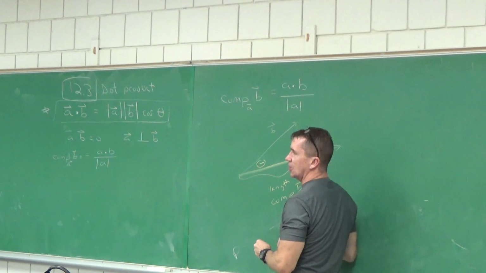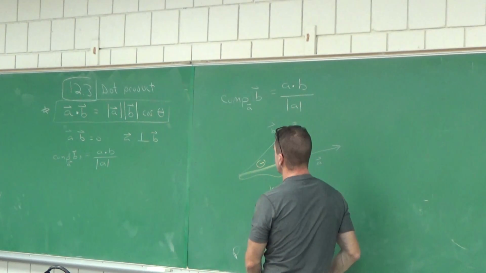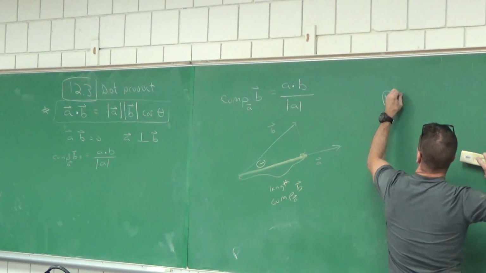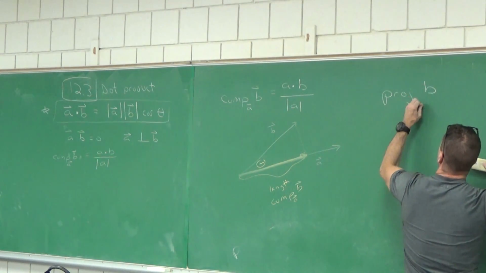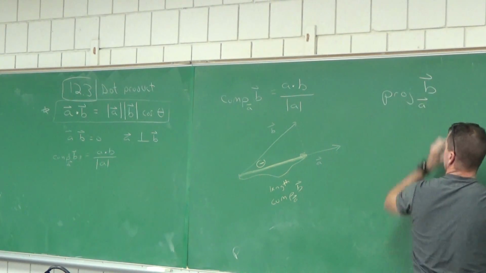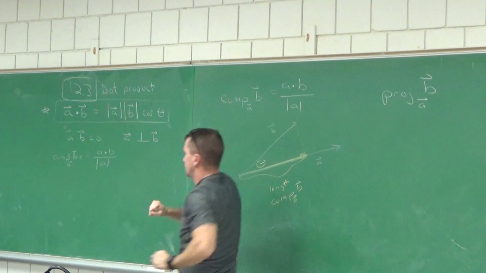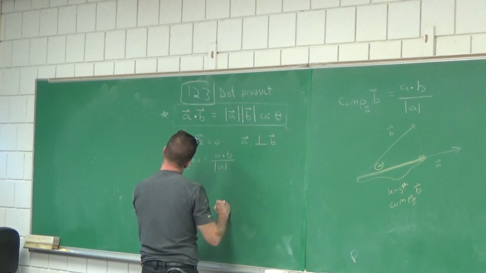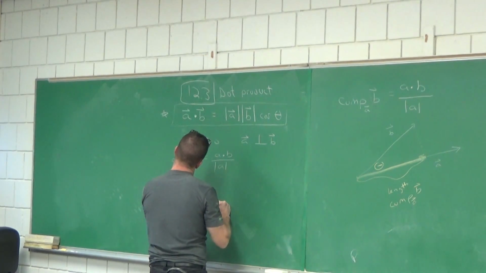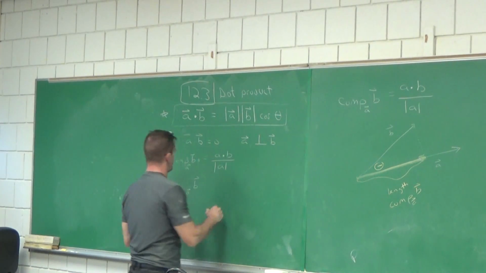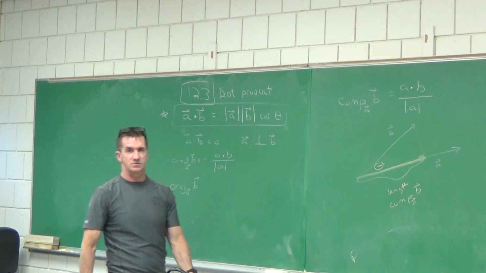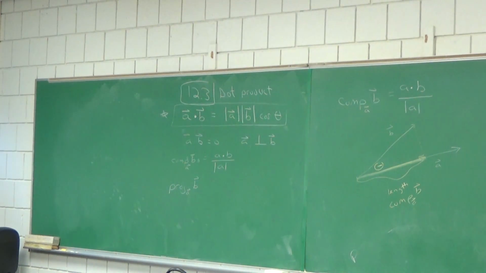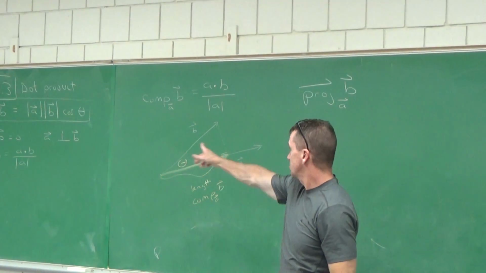Now there's something also called a vector projection. They use proj, B onto A, and I'll get that formula over here. What's the vector projection, proj B onto A? This is a vector. I don't care if in your notes you put a big vector arrow on it, but this is a vector where the component was a scalar.